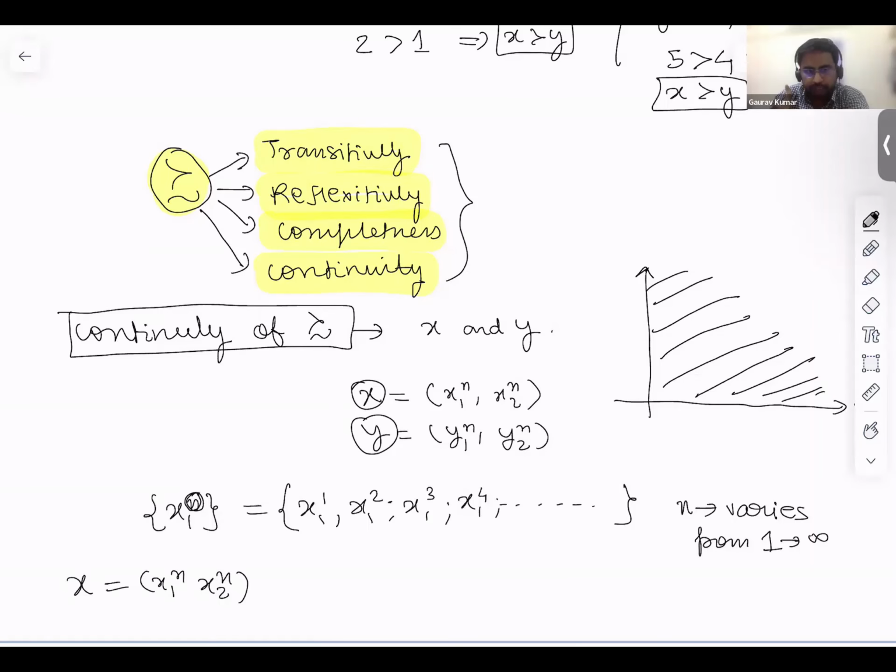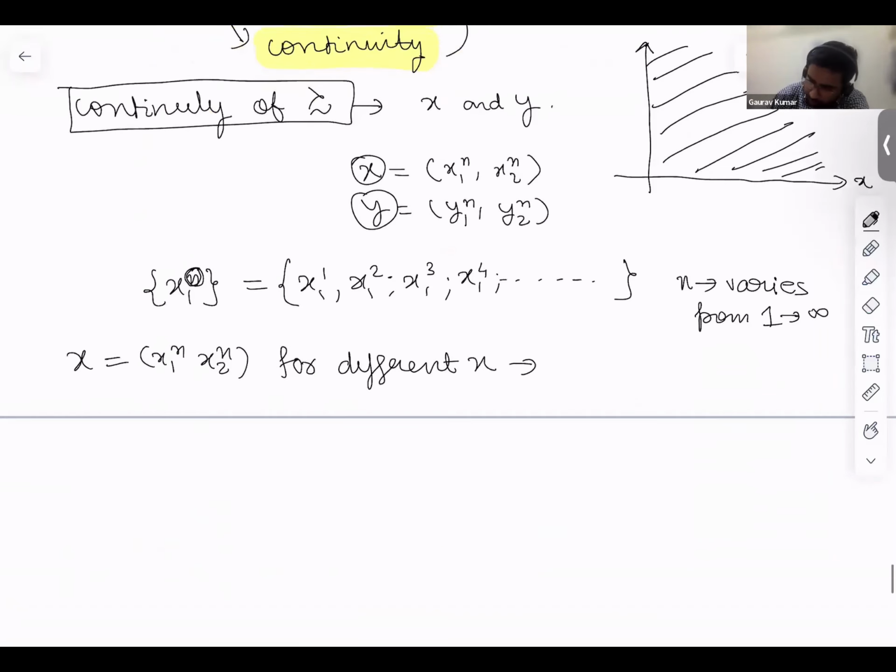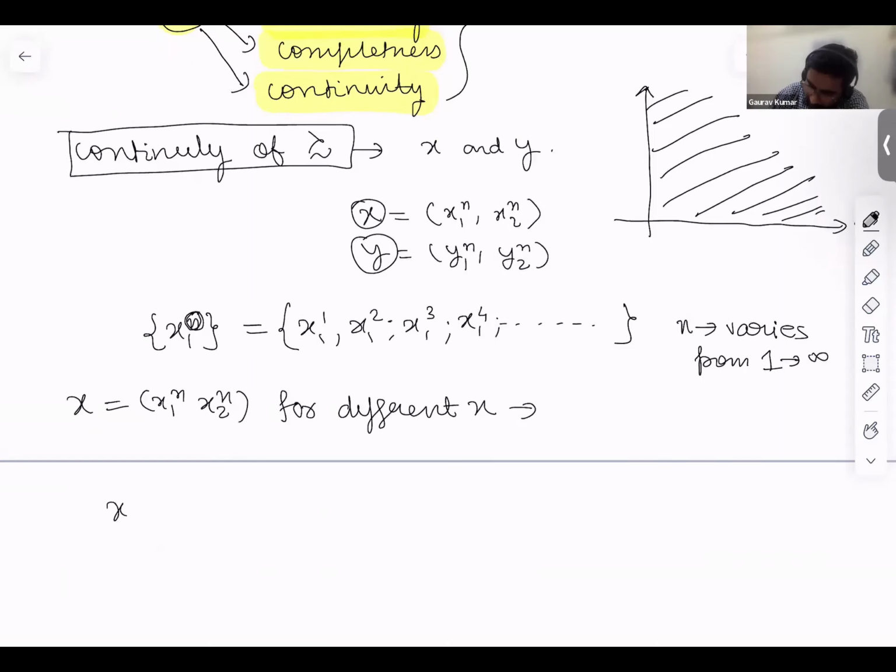It not only has one argument but two. When I vary n for different n's, it will have the form x = (x11, x12), (x21, x22), (x31, x32), and so on.